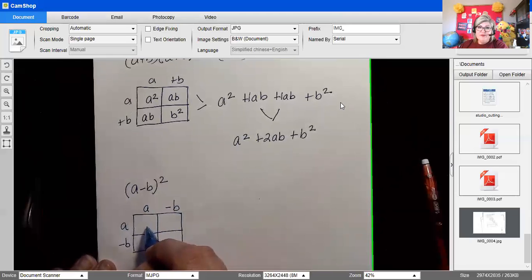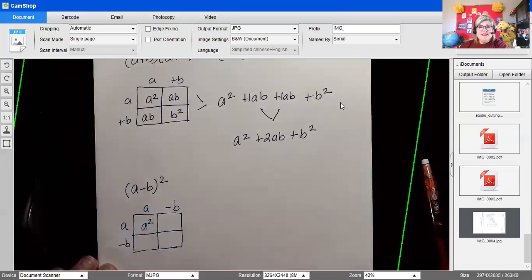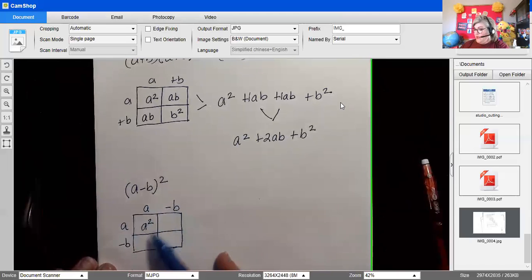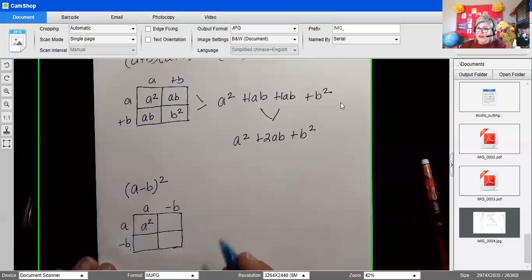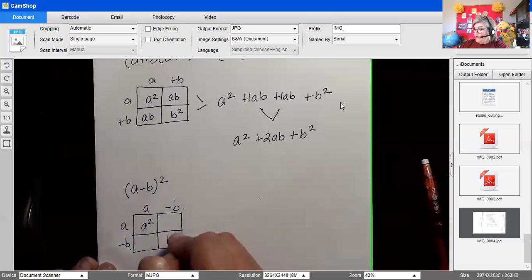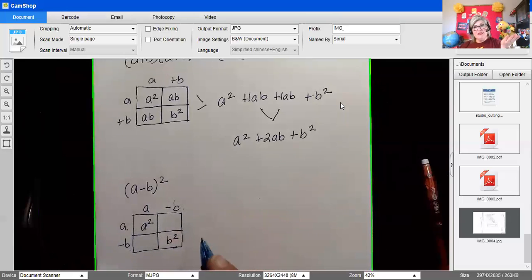The first term is still a times a, so that's going to be a squared. The second term is now negative b times negative b. Negative b times negative b is b squared. And the reason why it's a positive b squared is because a negative times a negative equals a positive.